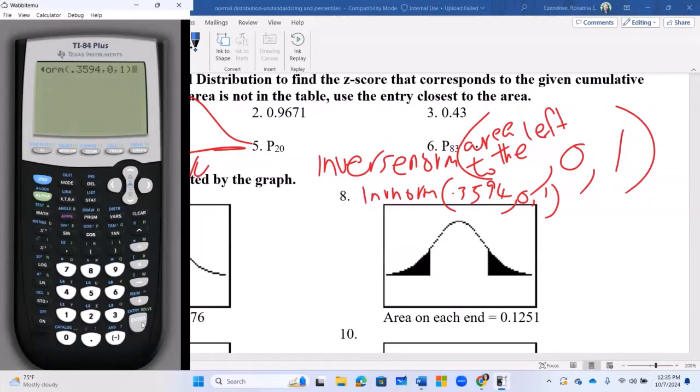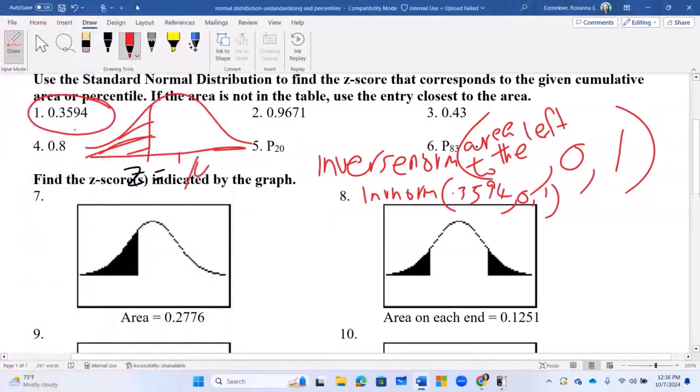And when I hit enter, the z-score is negative. We already know that. The z-score is negative 0.36. So the z-score corresponding to area inside the normal curve, 35.94%, is what I have here.